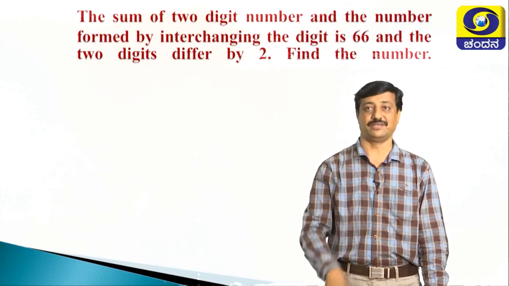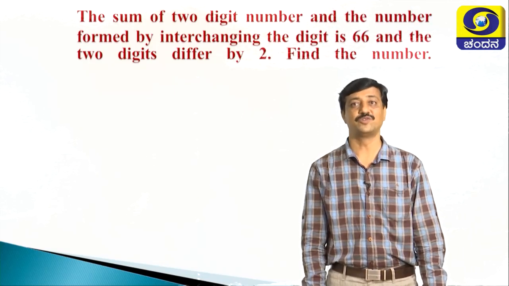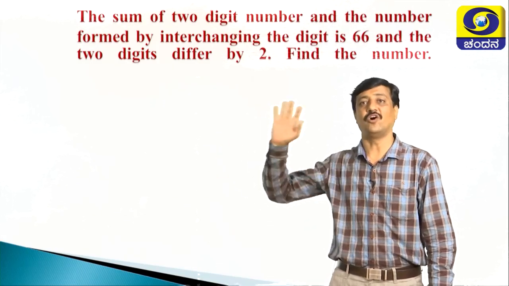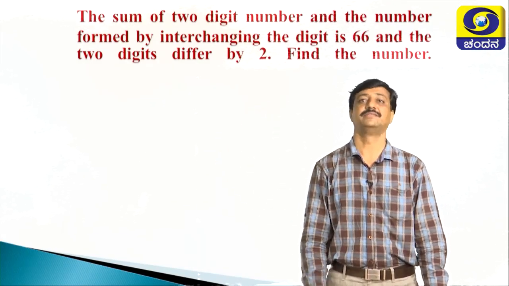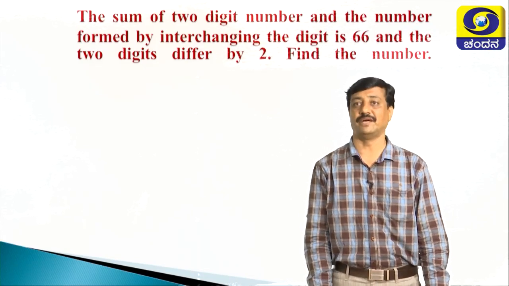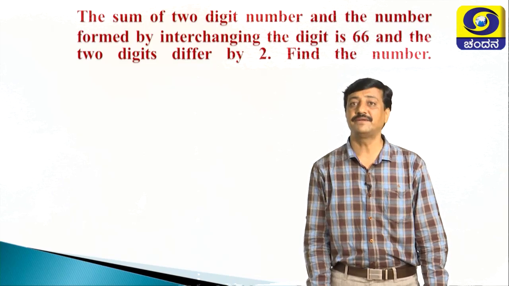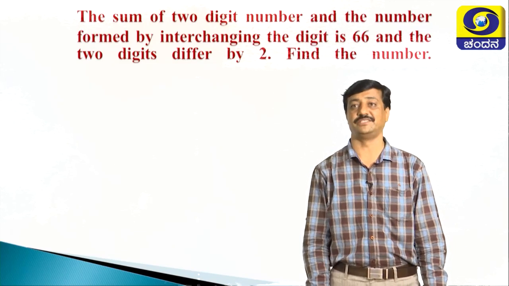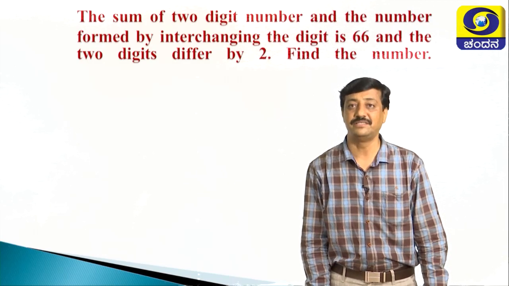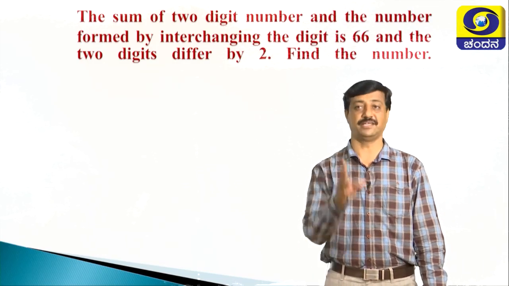Here is a question. We are going to solve this verbal example by applying one of the algebraic methods. The question is: the sum of a 2-digit number and the number formed by interchanging the digits is 66, and the 2 digits differ by 2. Find the number.